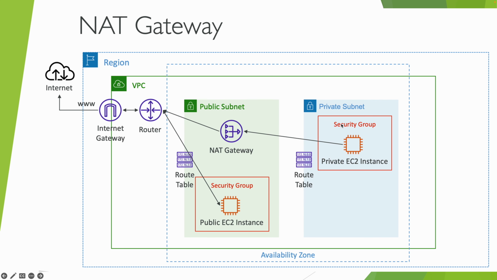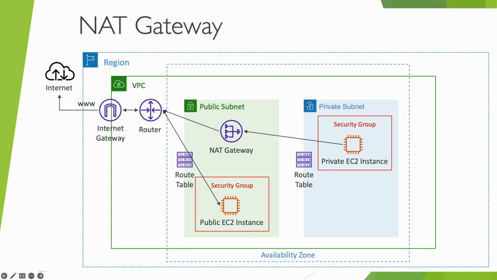Or when you have any maintenance work to do on the servers in the private subnet, you need internet access. At that time, you connect a NAT gateway and provide internet access to your private subnet instance. When your work is done, you can remove the NAT gateway from the route table, and then there won't be any traffic entering your private subnet through the internet.